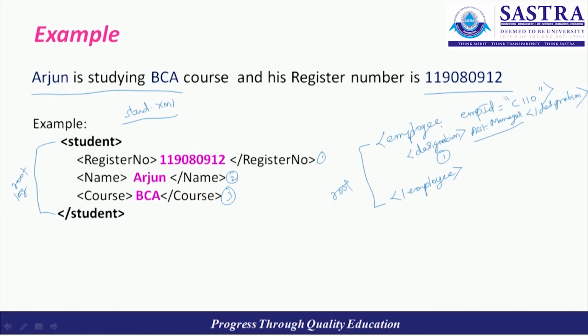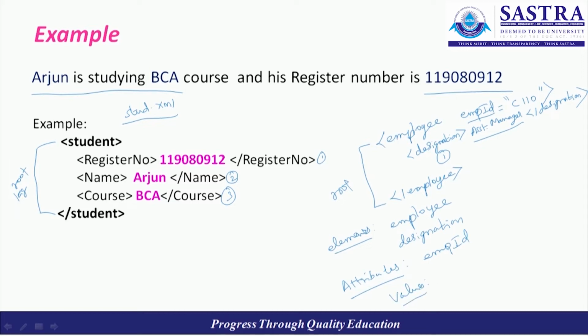What is that? It is an attribute, right? So, what are the elements? One is employee and designation. Then attributes. What are the attributes we have? Only one attribute, that is EMP ID. Values.